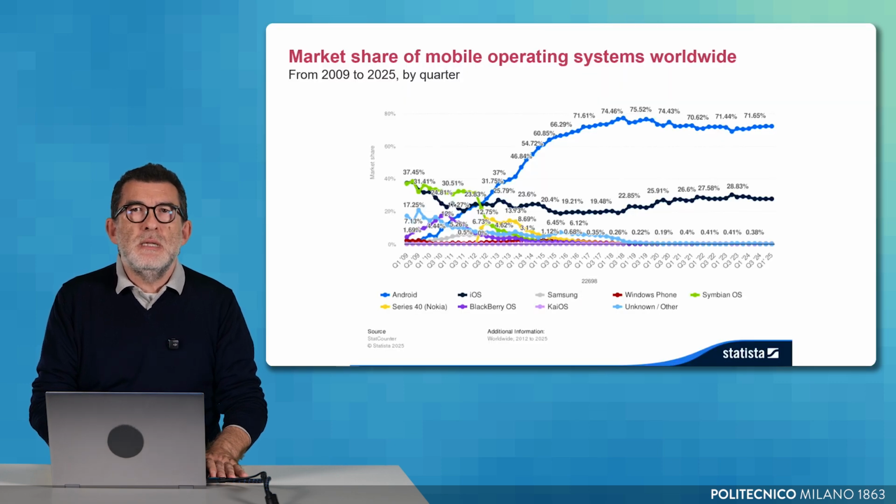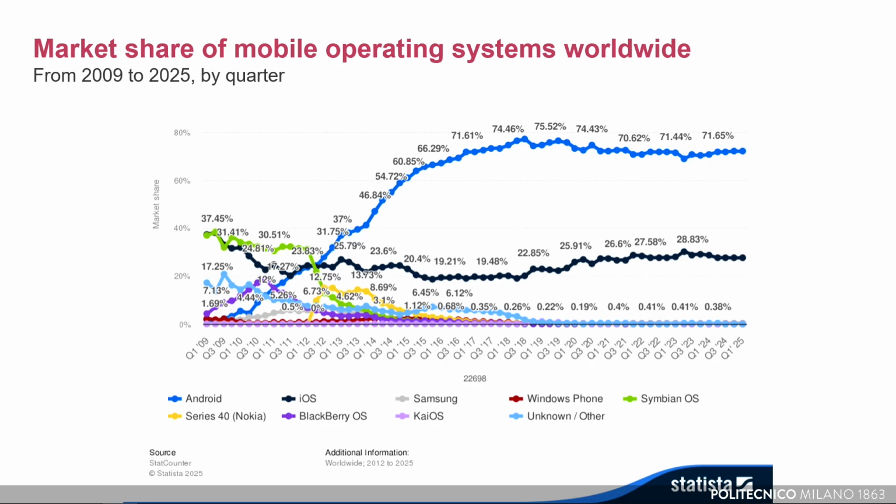This chart by Statista provides an overview of the market share of mobile operating systems worldwide from 2009 to 2025. Broadly speaking, out of every 100 devices, around 70 run Android and about 30 run iOS.